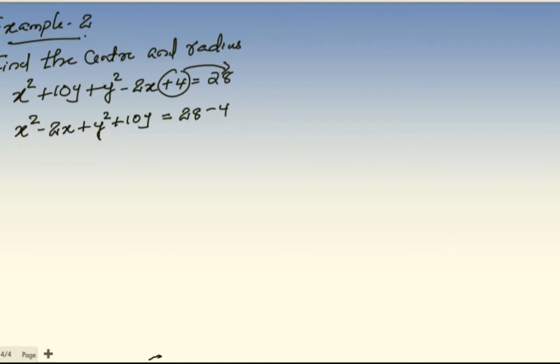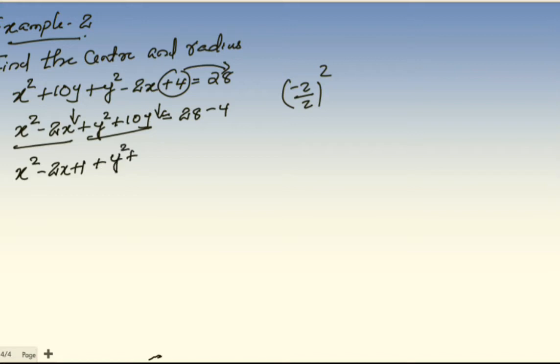Okay, now I'm going to apply completing the square. That c value, that new number you have to introduce. So how do you introduce? What is b here? Minus 2. So minus 2, take half of minus 2, then square it. You will get 1. Okay, that is x square minus 2x plus 1. Then do the same thing to the next quadratic expression, that is y square plus 10y.